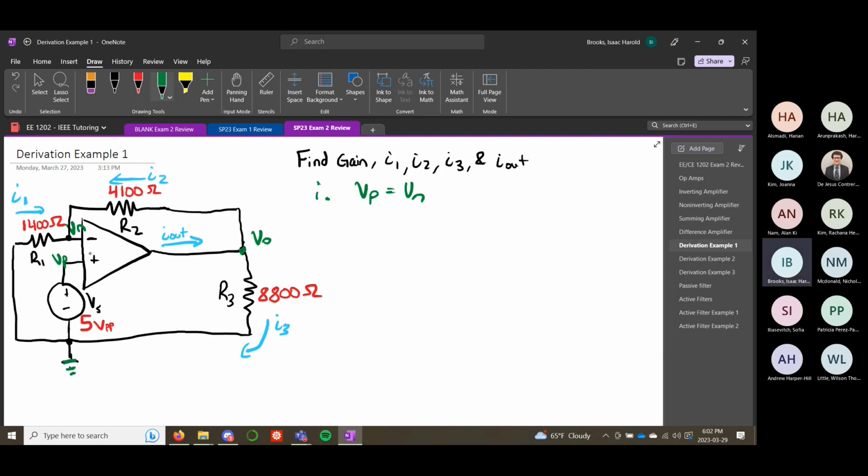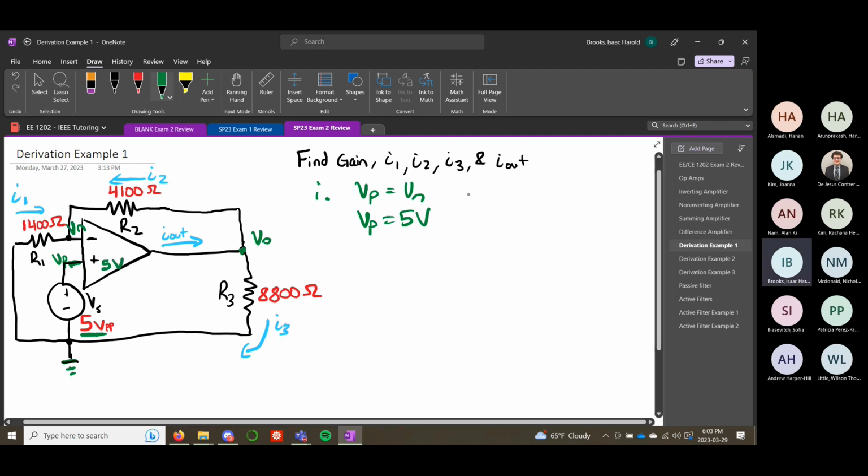So we know that the voltage at this positive input is just going to be 5 volts. Okay? Because we have 0, we're increasing by 5 volts, and we get to this VP node. So that's why we have 5 volts here. This is 5 volts. And from our golden rules, we know that those two voltages are going to be equal. So this one is also 5 volts at this VN node.